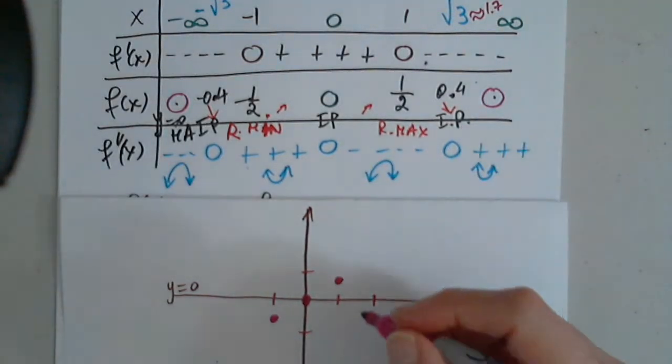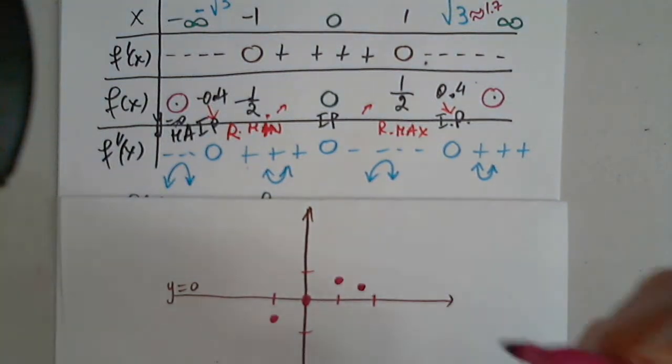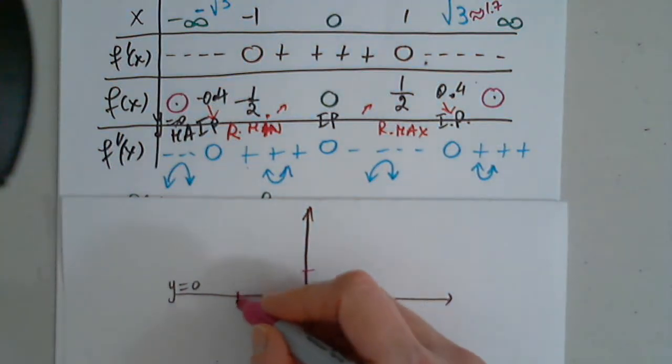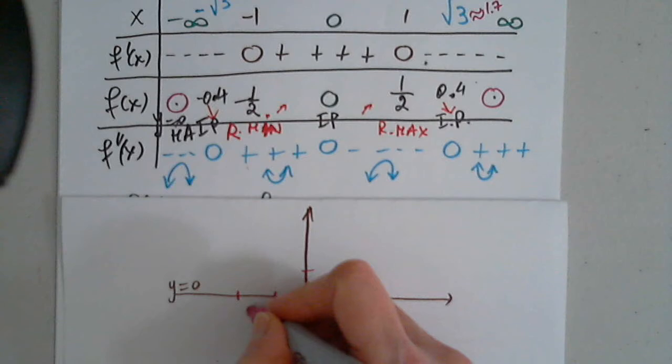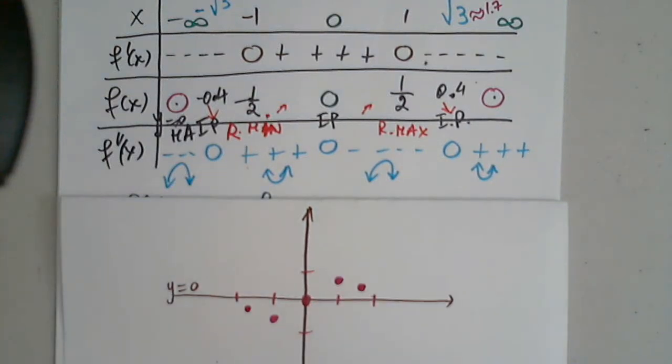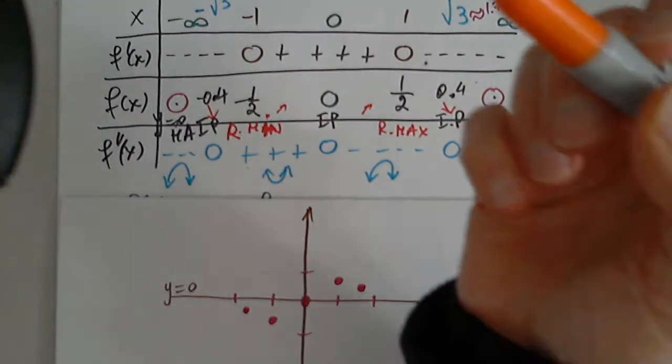So 1.7 and 0.4. Well, I'm going to say right here. And negative the square root of 3. And negative 0.4. And that's about it. And now, ready for the graph.